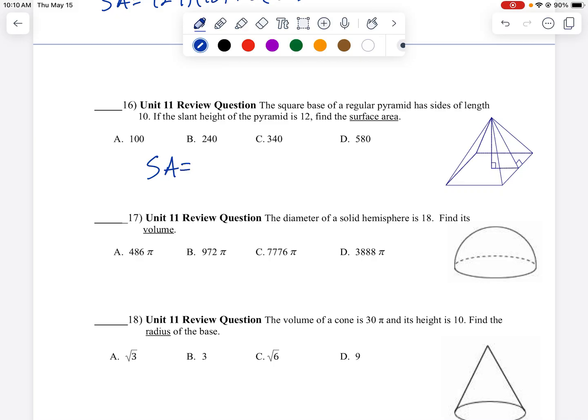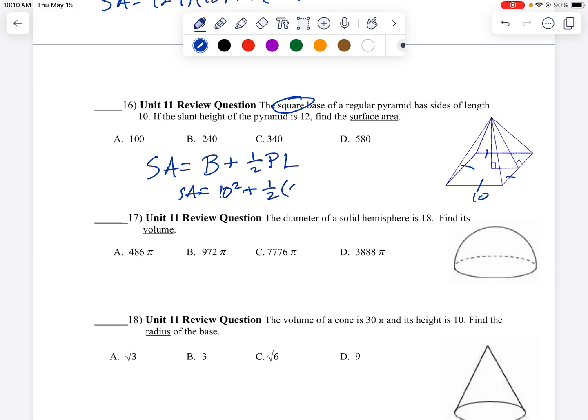So surface area of a pyramid is area of the base plus 1/2 the perimeter of the base times the slant height, L. It said it's a square base, which is great. So all 4 sides are the same. So the area of the base is 10 squared plus 1/2.